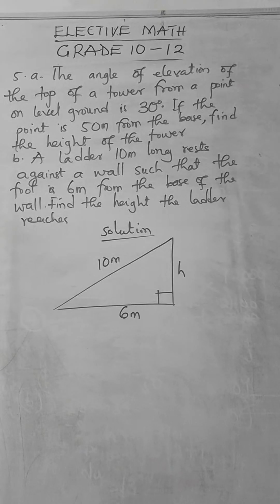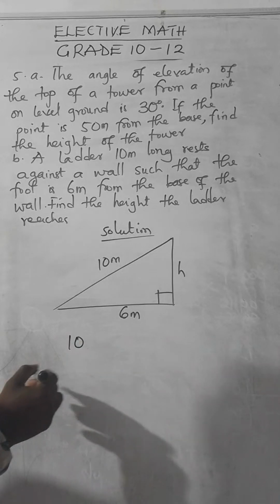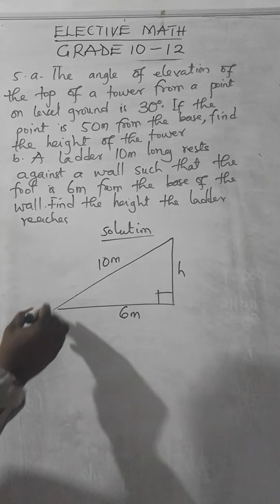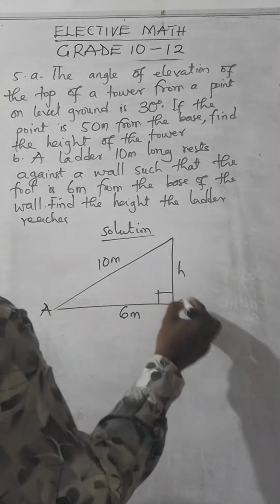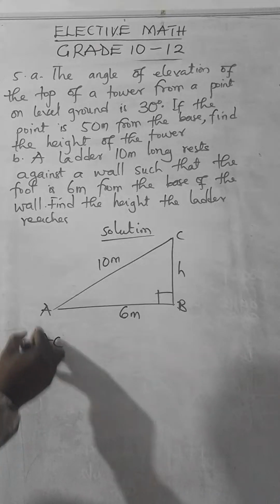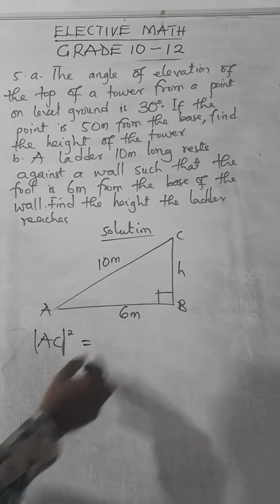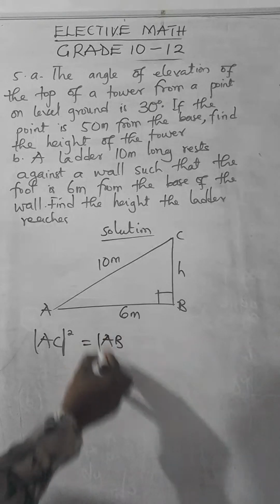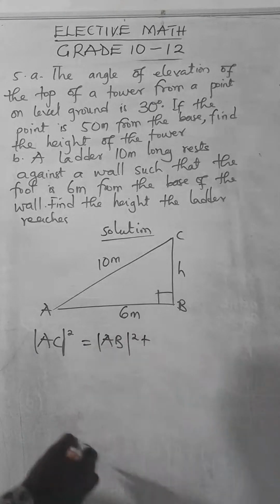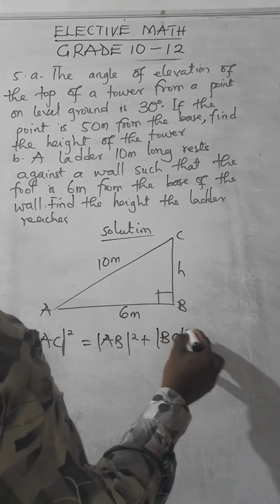So like this, you have the hypotenuse squared, that is 10 squared. I can use letters, let's say A, B, C. So AC squared is equal to AB squared plus BC squared.